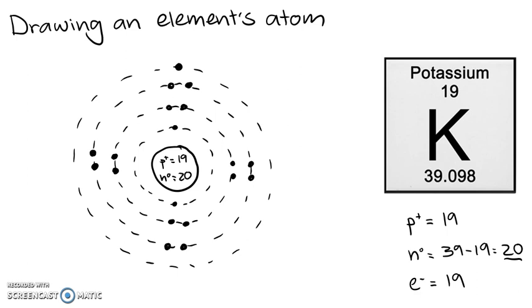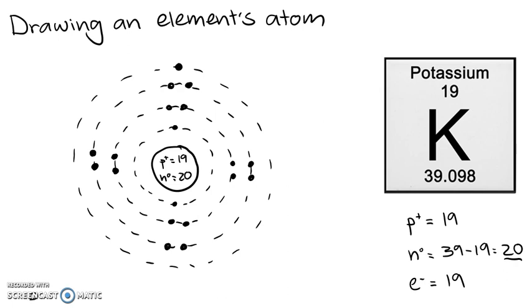So potassium has 19 protons and 20 neutrons, which we write in the nucleus. Then the electrons are orbiting around. The first shell has 2, the second shell has 8, the third shell has 8, and that fourth shell has 1.